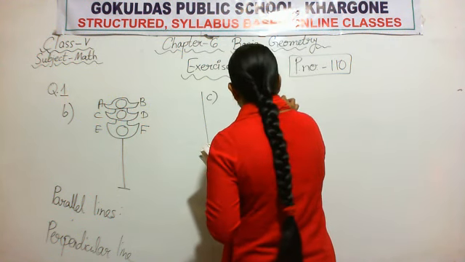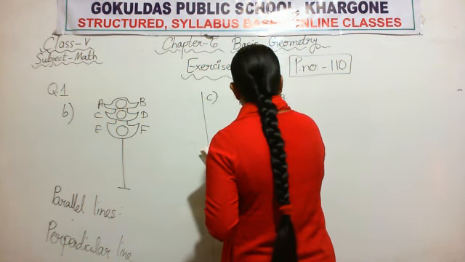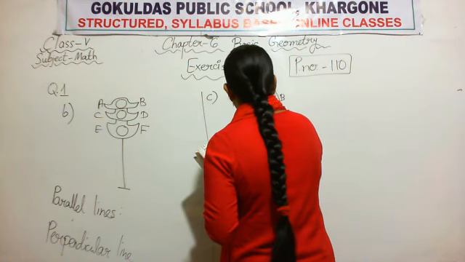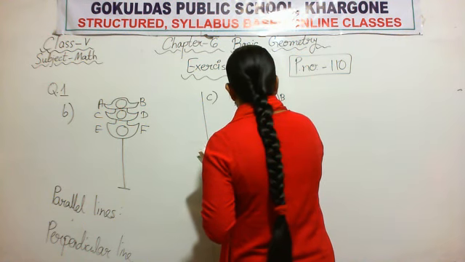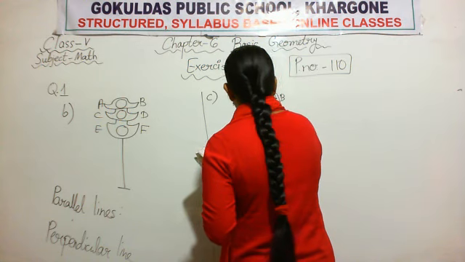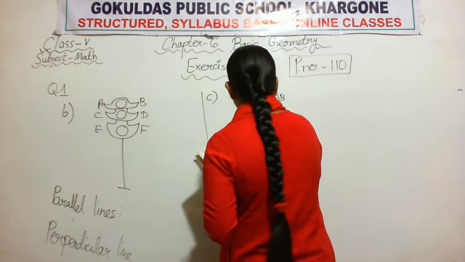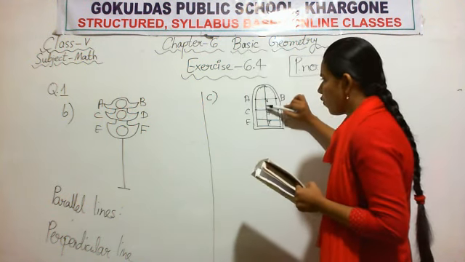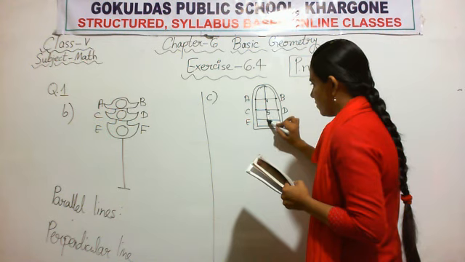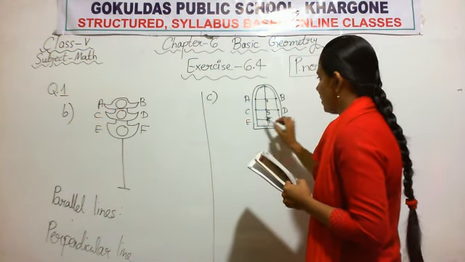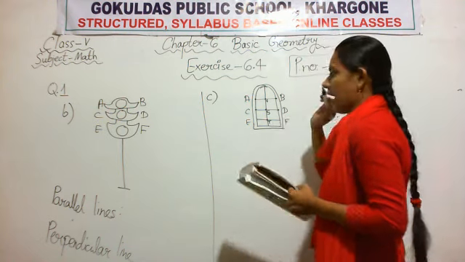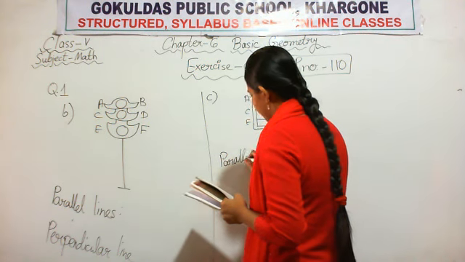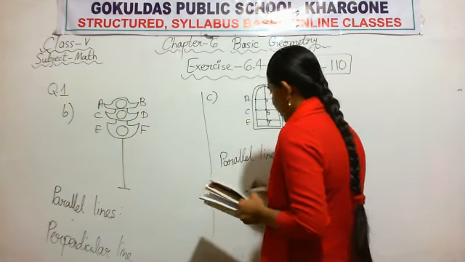I am giving names to all the points: A, B, and this point I am giving O, S, T, C, D, E, F. A, B, C, D, E, F, and these middle points are O, S, T. Identify the parallel and perpendicular lines in this figure also. It is your task, okay?